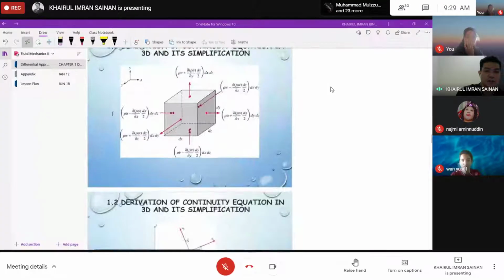So this is the continuity equation for steady flow. And I can say you can use this one for chapter 1 until chapter number 4. I don't think there is any exception, because it is always incompressible flow.